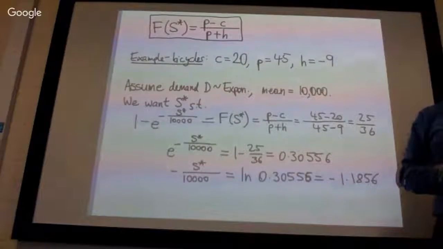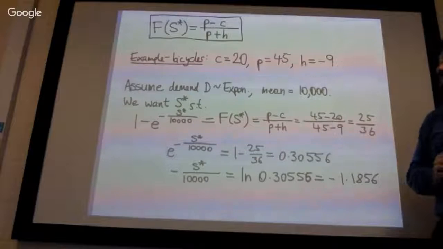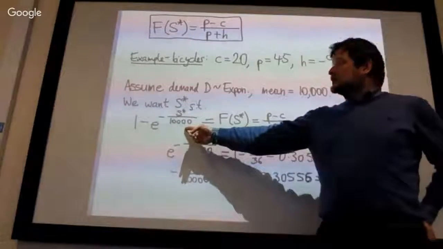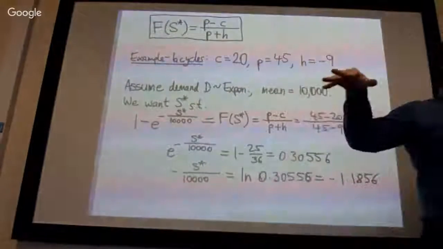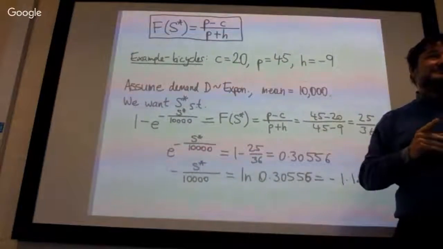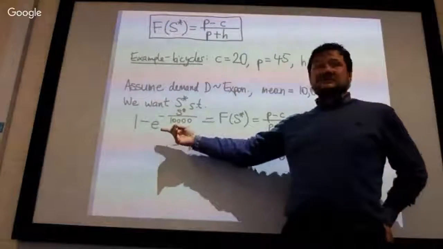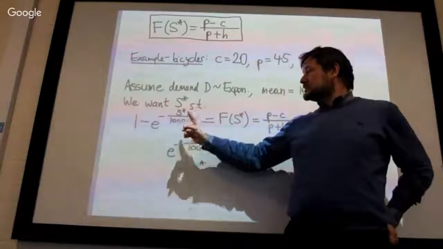That's how you express the exponential distribution. You need to see this. So the exponential distribution has, if you know the mean, a cumulative distribution function that is this.